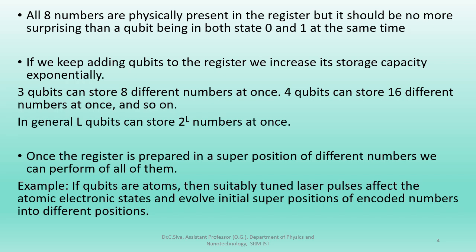Let's explain how exponential information capacity works. Superposition leads to exponential scaling. 3 qubits store 8 values, 4 qubits store 16, which means in general L qubits store 2 to the power L values simultaneously.